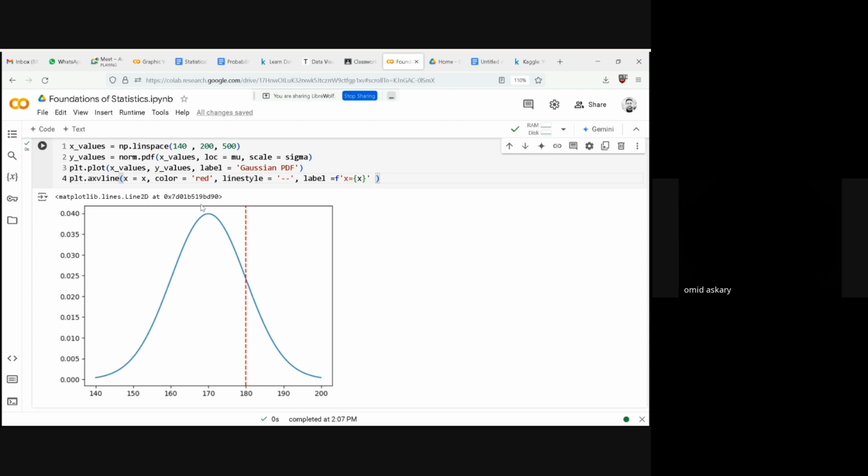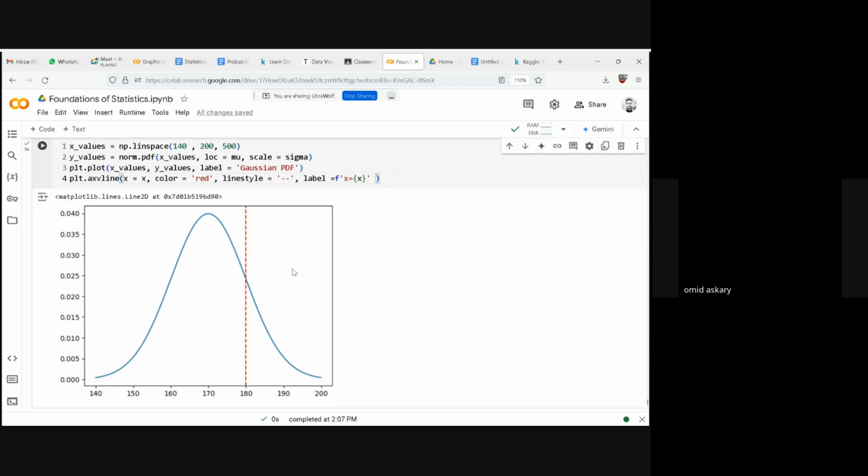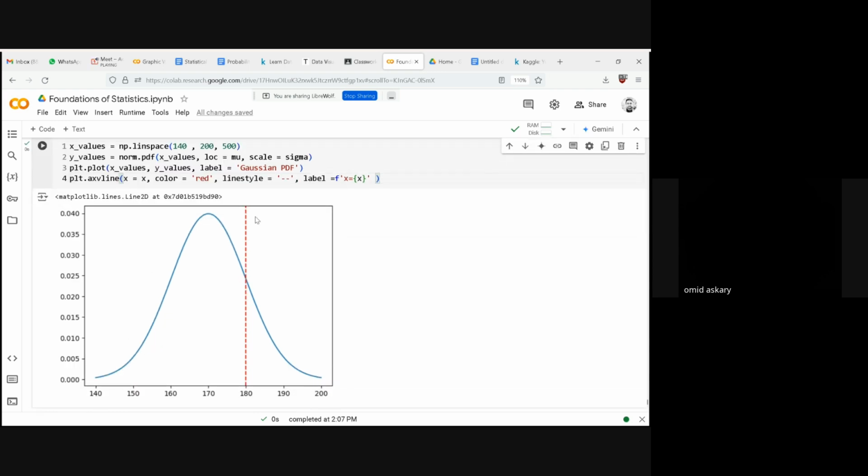This is the mean value, and this is the PDF, probability density function value. So this is actually not the probability, but actually the likelihood of that. So this is called the Gaussian probability density function. This is one of the things which sometimes plays a key role whenever you are assessing.